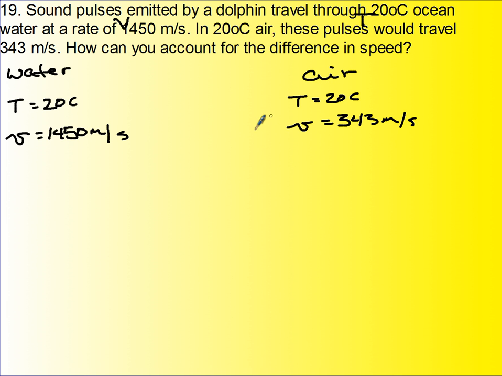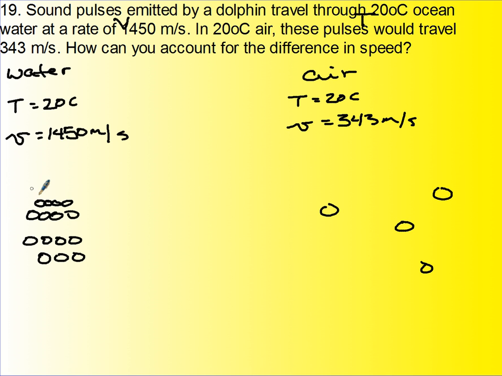What's the difference? Well, in water, the molecules are very close to each other. They're not fixed like in a solid, but they're pretty close together, while in air, the molecules are much further apart. Remember, sound waves are longitudinal waves, so the speed of sound is much faster in water because it's much closer to the next molecule.